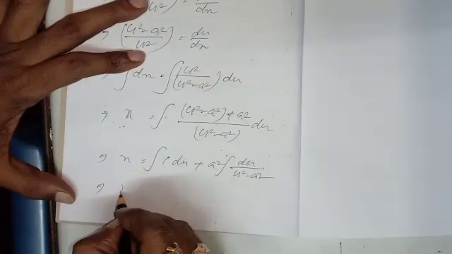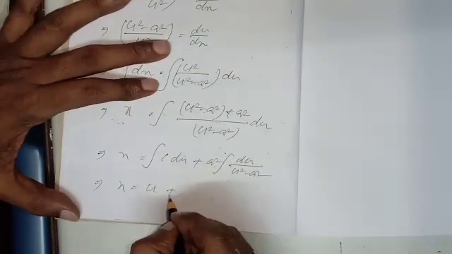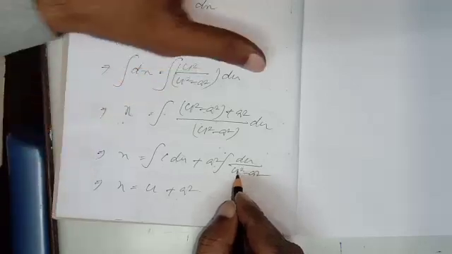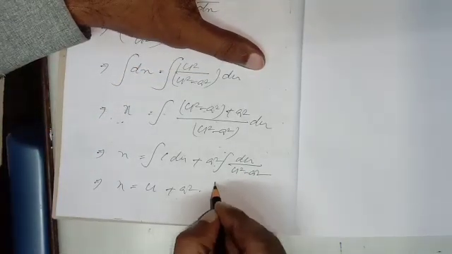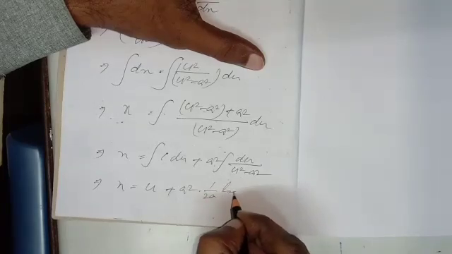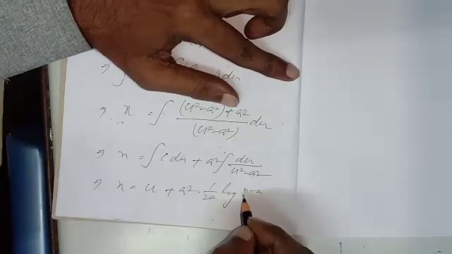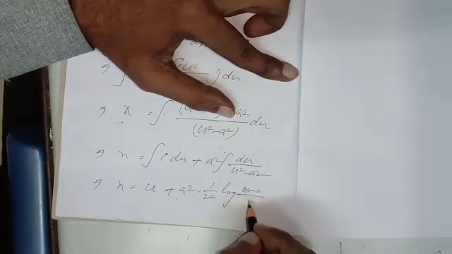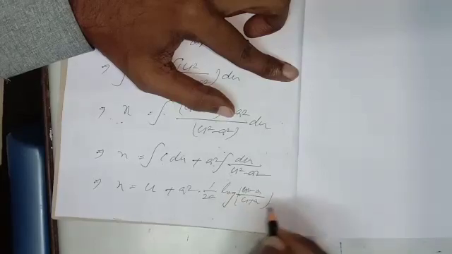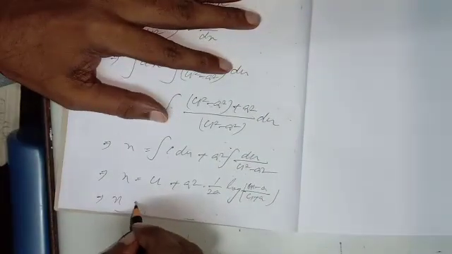Now tell me, 1 du means integration is u, plus a square. So what is the formula for du by (u square minus a square)? This is nothing but 1 by 2a log of (u minus a) by (u plus a). Now x is equal to, what is the value of u?